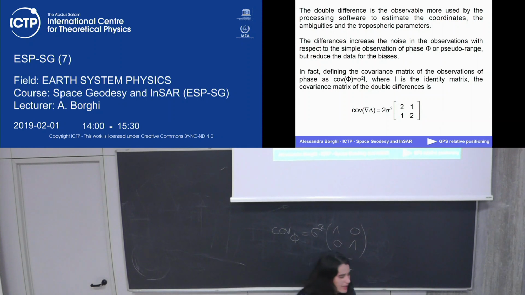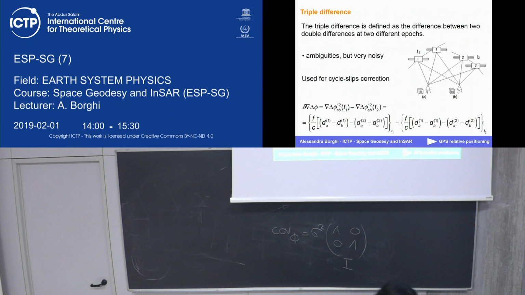It's just to say we can study any combination of observations, but we have to take into account the noise. For instance, the triple differences that we are going to introduce are very important because we can reduce a lot of error, but these observations become very noisy.